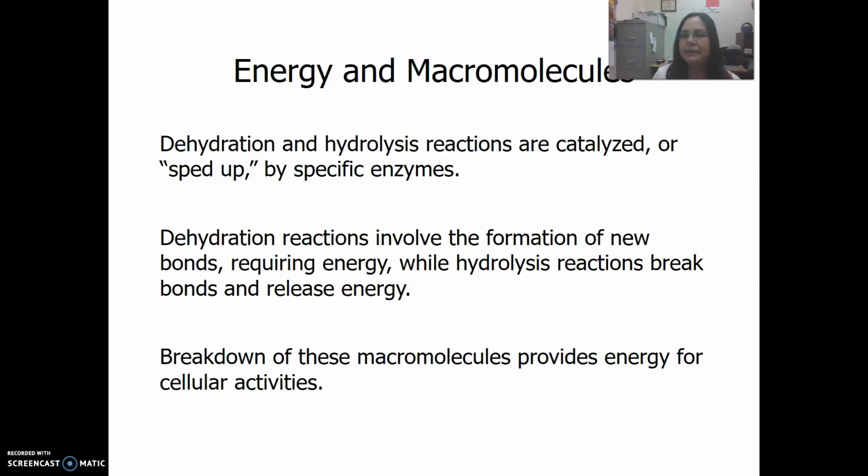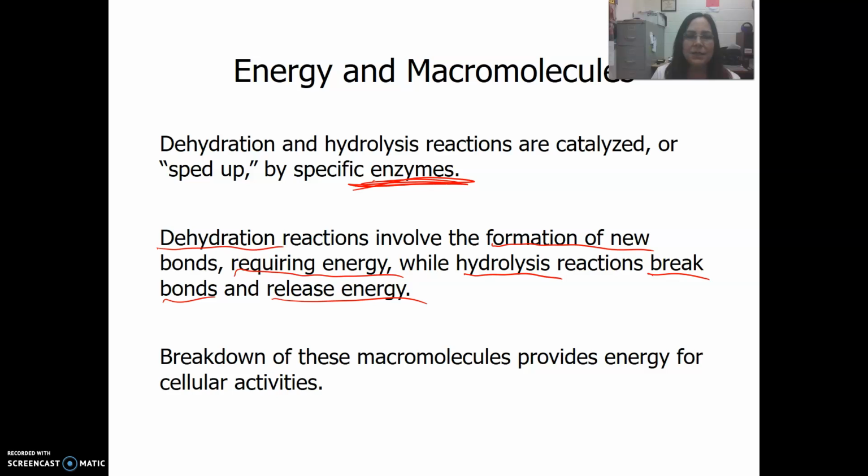Okay, so this is one of the last pages, the second to the last page. Dehydration and hydrolysis reactions are catalyzed by enzymes. All the chemical reactions in our body are catalyzed by specific enzymes. Enzymes, remember, are proteins. They're always proteins. Dehydrations involve the formation of new bonds, and they require energy, whereas hydrolysis breaks chemical bonds, so that's going to be a reaction that releases energy.